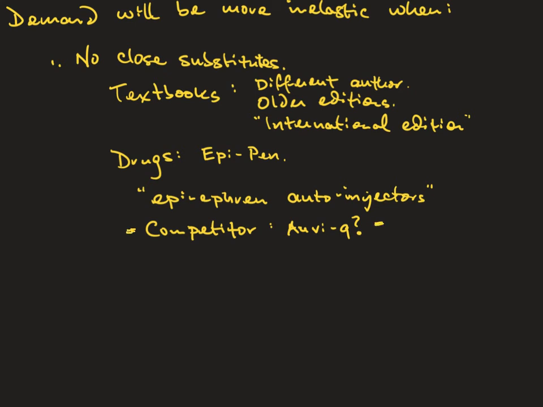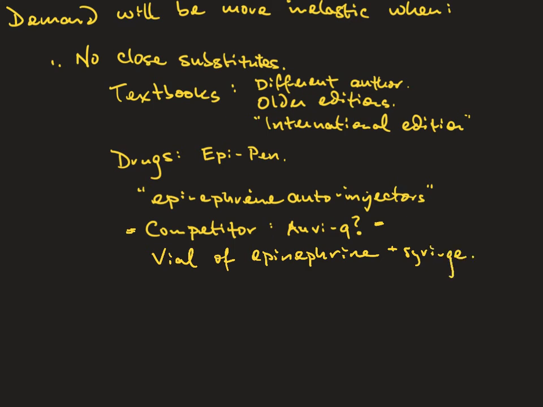Yeah, so epinephrine autoinjectors, there are alternatives. As you said, there's another brand of epinephrine autoinjector. There is an old-fashioned option, which is just a vial of epinephrine plus a syringe.